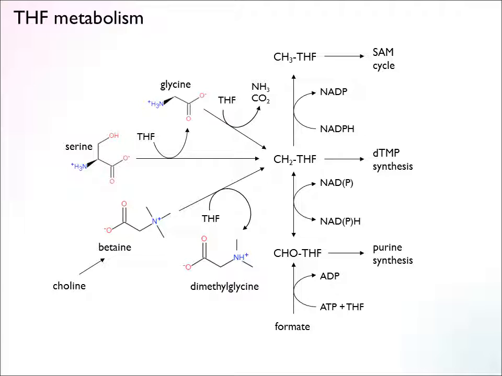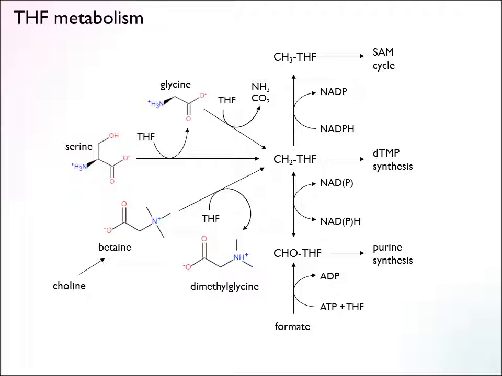And when this happens, the carboxyl group of glycine is released as CO2. This happens mostly in the liver, and in the liver, betaine, which is the metabolite of choline, can also donate one methyl group. It actually has three methyl groups bound to a nitrogen, but it can donate one of them and also generate this metabolite.